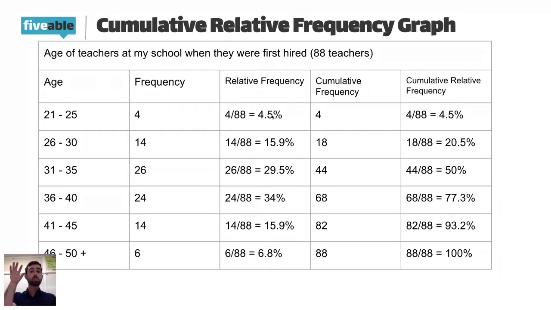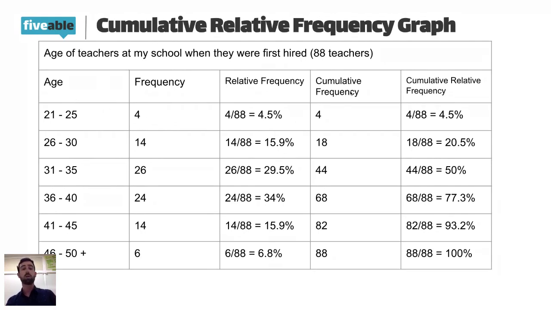So of the people that I surveyed, in this case, the people at my school, 4.5% of them came into teaching at this school between 21 and 25. Next, 14 of them came in between 26 and 30, which is about 15.9%. Next, 26, and so on. So that's the relative frequency.